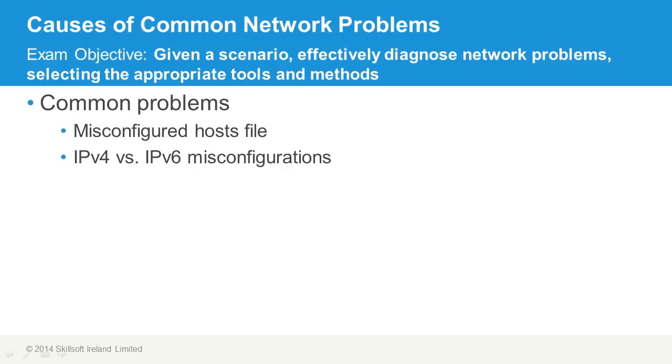IP version 4 versus IP version 6 misconfigurations. Newer systems, newer applications, newer environments may be migrating to IP version 6. If that's the case, there could be any kind of misconfiguration with respect to communicating over that protocol. Maybe there's a system somewhere in the mix that does not support version 6. If that's the case, you need some kind of translation implementation to be able to interoperate with both protocols.